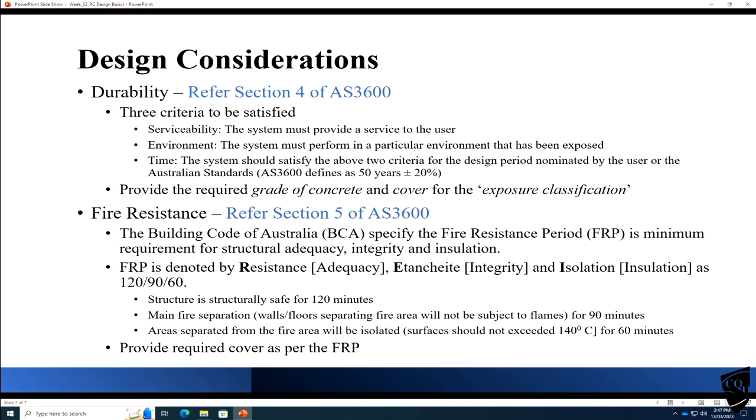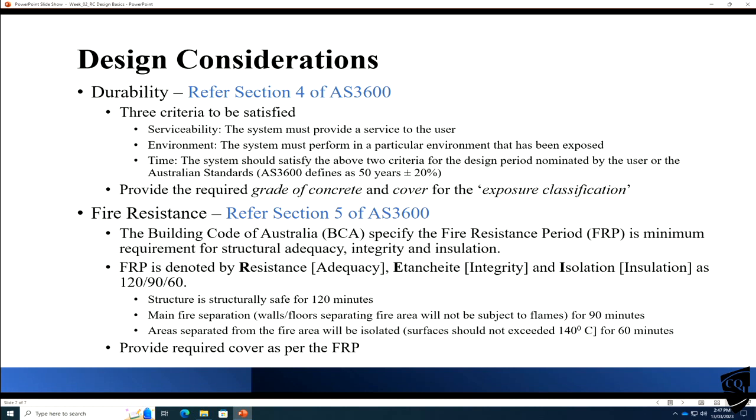According to this FRP, you should have enough time, because if smoke comes, sometimes it's difficult to move. So we should make sure the smoke will not come out of the area for at least 90 minutes. The last one is structural adequacy. The structure should not collapse for 120 minutes.